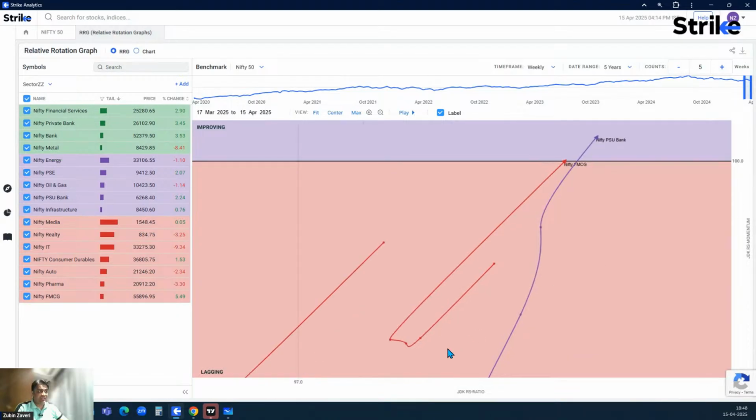And you can see that FMCG has taken a U-turn. FMCG was down here, and today FMCG just bounced back. On the 7th of April week, the momentum was 99.54, and this week the momentum is 100. The relative performance has also improved from 97.21 to 97.61.